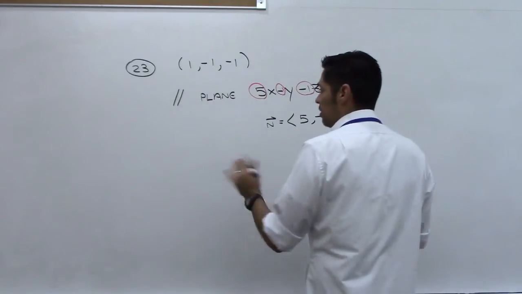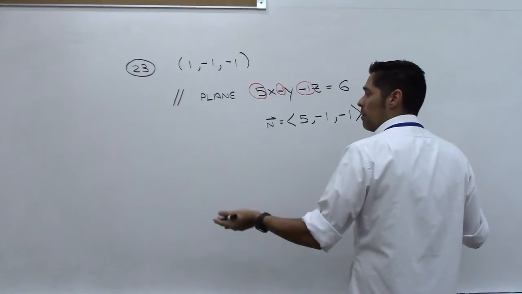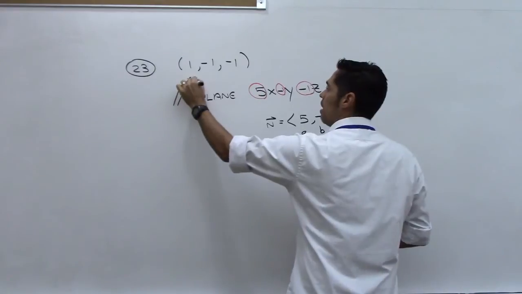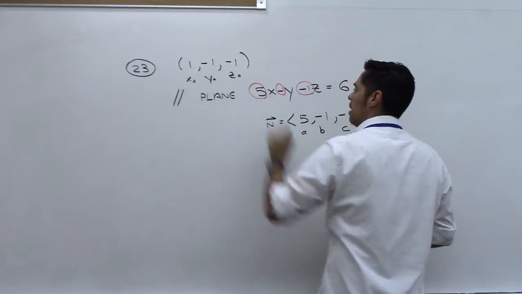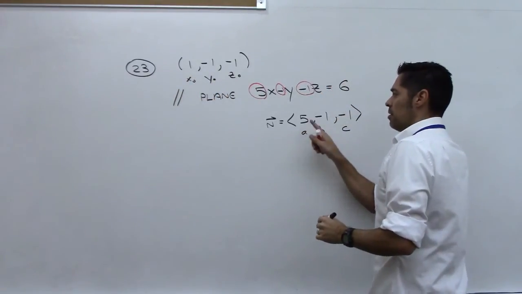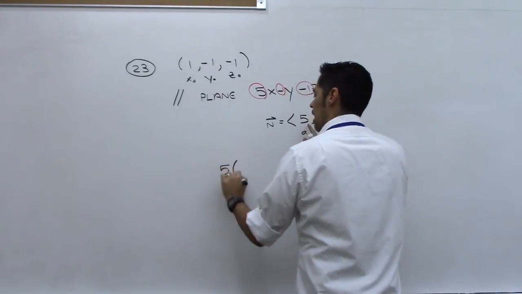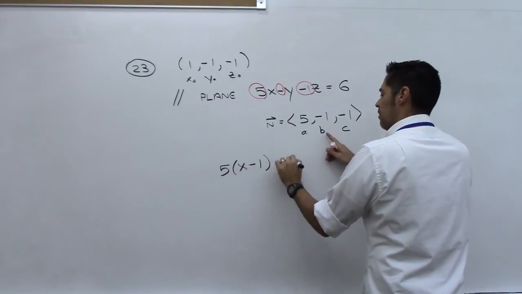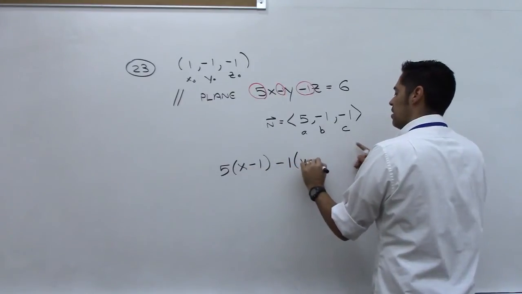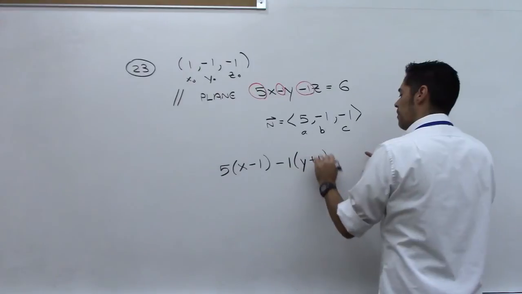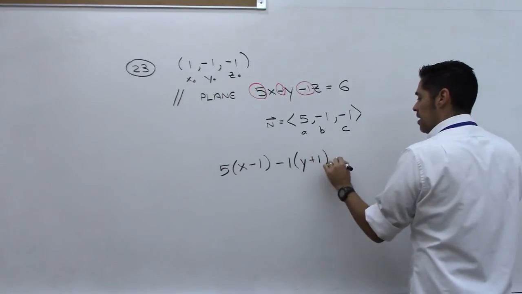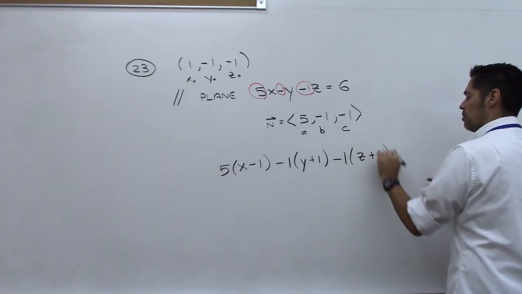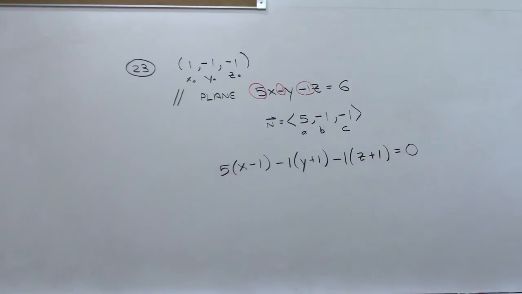So let me do this kind of quick. I'm going to use the formula, right? This is A, B, and C. And then this is our x naught, y naught, z naught. And I'm just going to do it all together at one time. So 5, and then x minus x naught, plus b, but it's -1, and then y minus y naught, but that's +1, and then c, which is -1, and then z minus z naught, but that's z plus 1, so that equals 0.